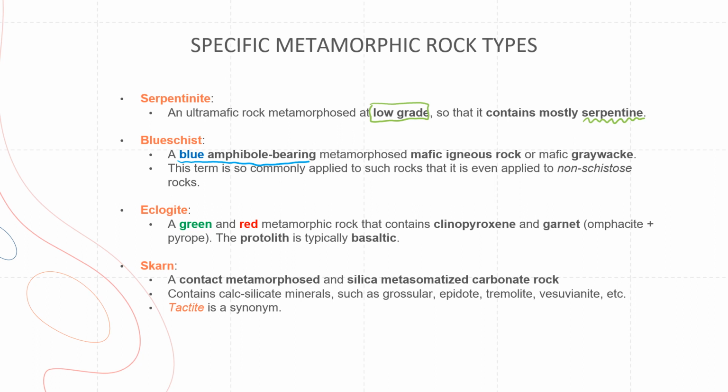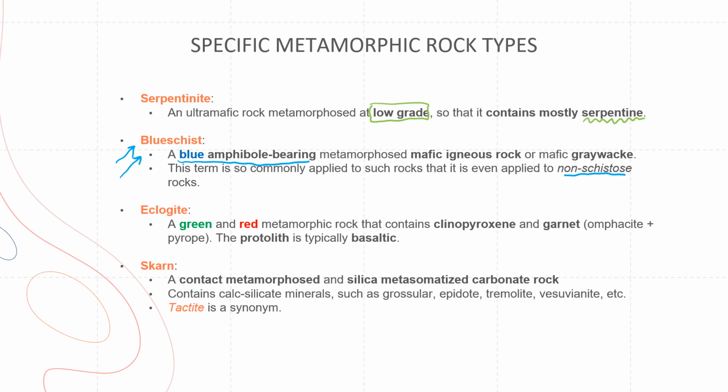So what this means is that it is a metamorphic rock that has blue amphibole, and the parent rock is either a mafic igneous rock or a mafic greywacke. And this term is so commonly applied that even if it did not have schistosity, if it was non-schistose, it would still be called blue schist.